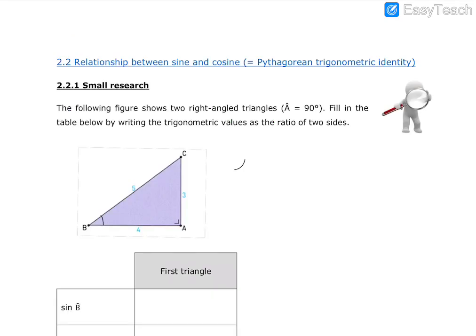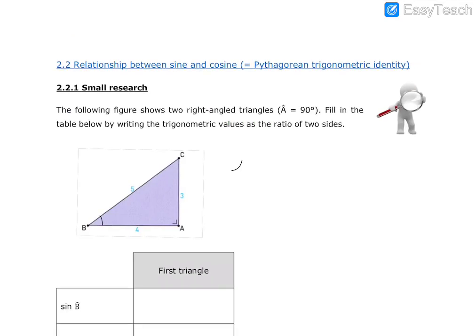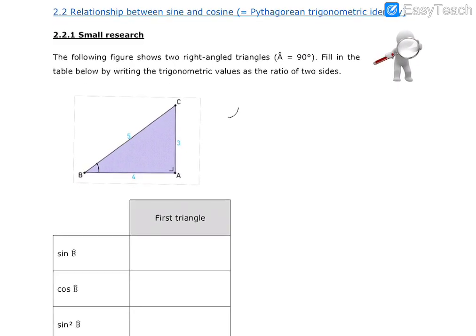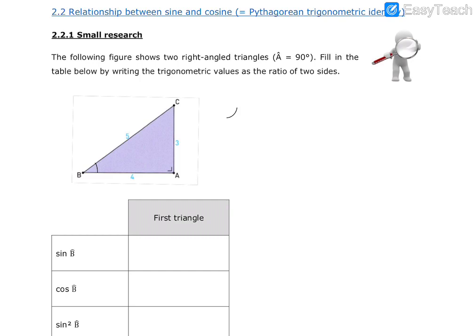The second formula. For the second formula, I'm going to do a small research as well. First, I'm going to take a look at the sine of b. So the sine of b is opposite divided by hypotenuse, so 3 divided by 5.